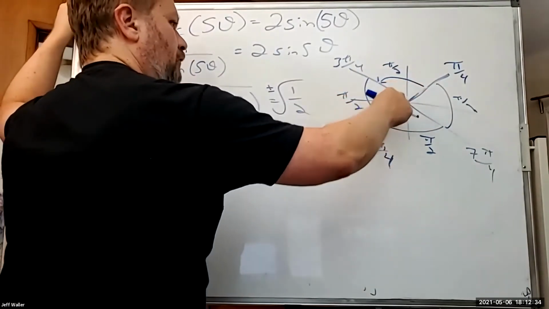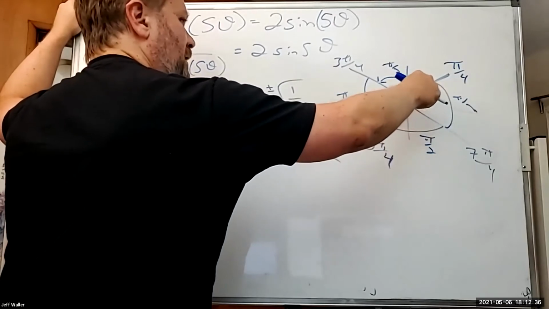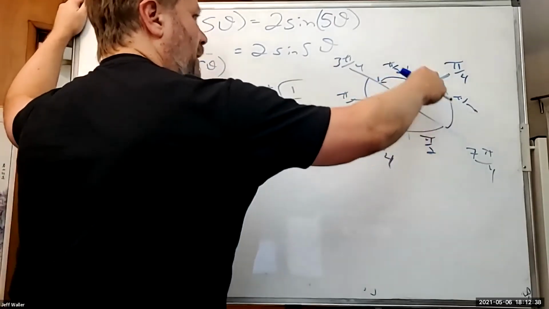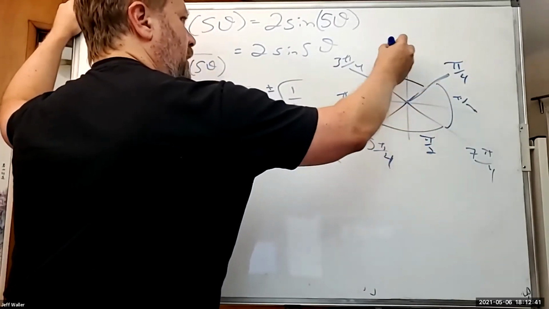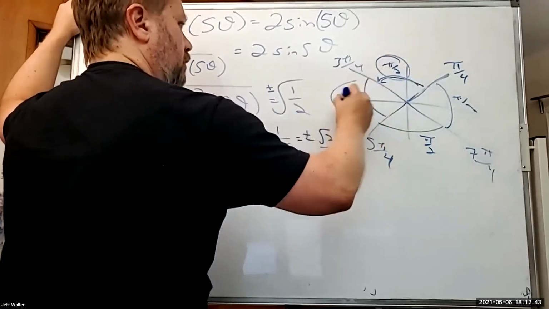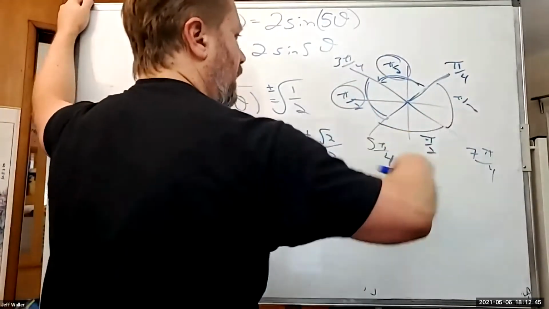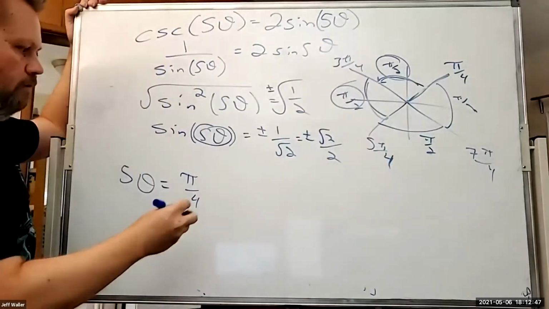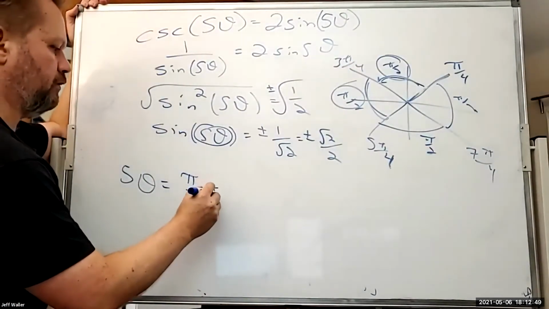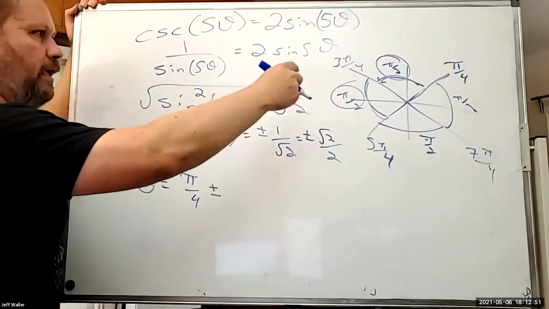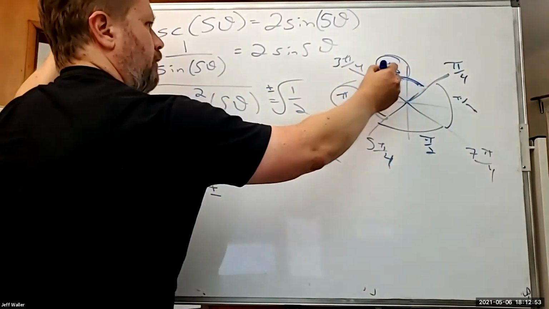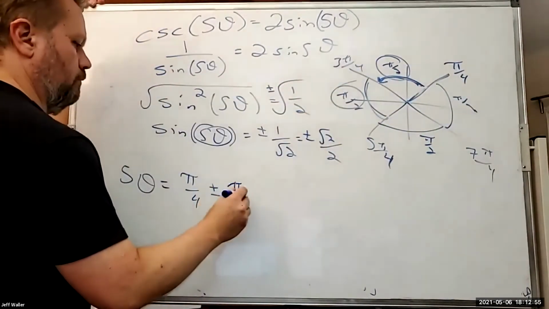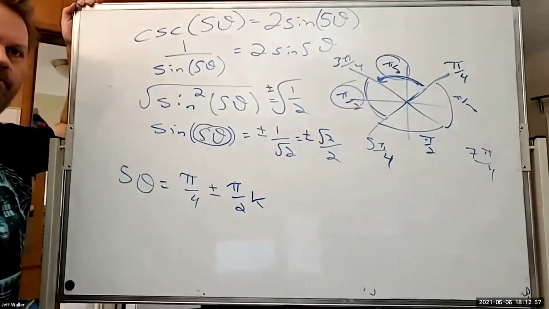But since it's all 4 of these, do I need to do a statement for all 4? No, I can do one statement because if I turn this much, and if I turn this much again, and keep going, I capture all of them. So pi over 4 plus or minus, not 2 pi k, pi over 2.